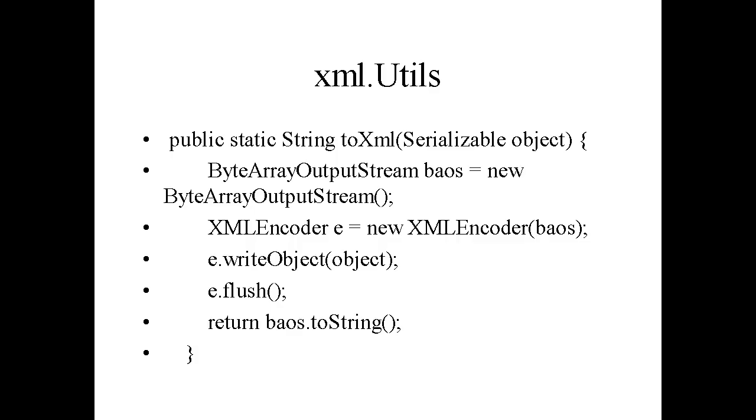And then once I flush the XMLEncoder, all of the information is in the byte array output stream, and all I have to do is convert it back to a string. This works reasonably well for modestly sized objects. It'll enable me to get a string representation of the object.